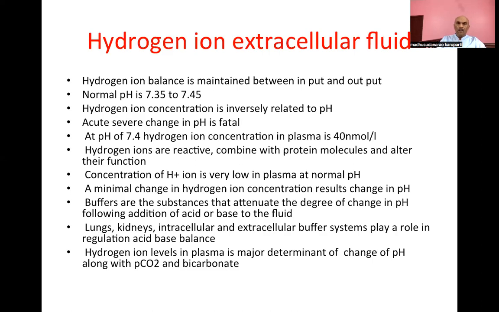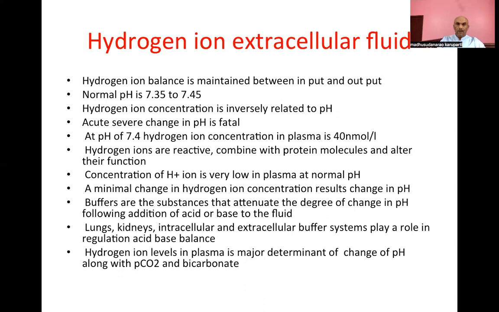A word about hydrogen ion in the extracellular fluid. Hydrogen ion balance is maintained between input and output. The normal pH is between 7.35 and 7.45. Hydrogen ion concentration is inversely related to the pH.